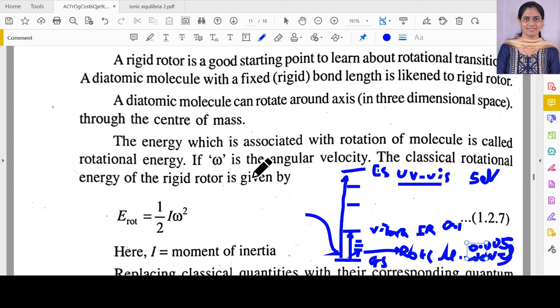Then in ionic equilibria, remember electrolytes, strong, weak, degree of dissociation, factors affecting, and some numericals, buffers, numericals on pH, the pH scale, everything.